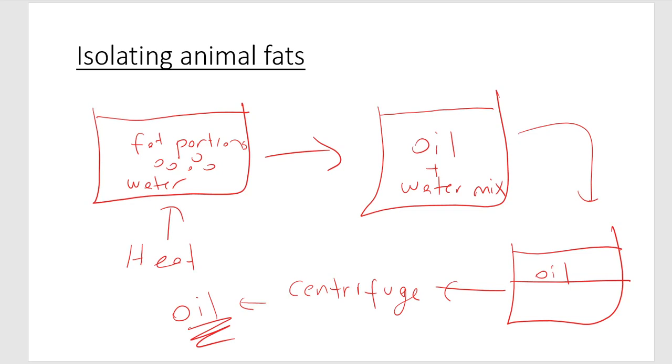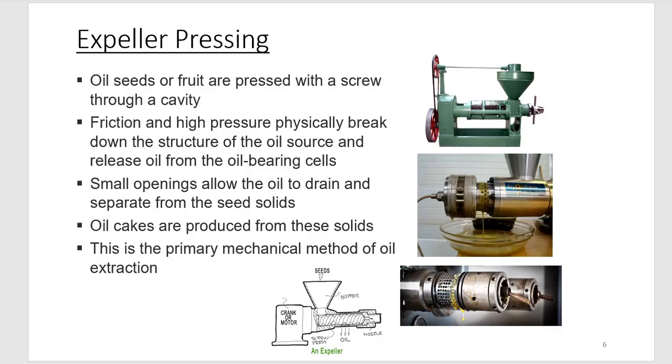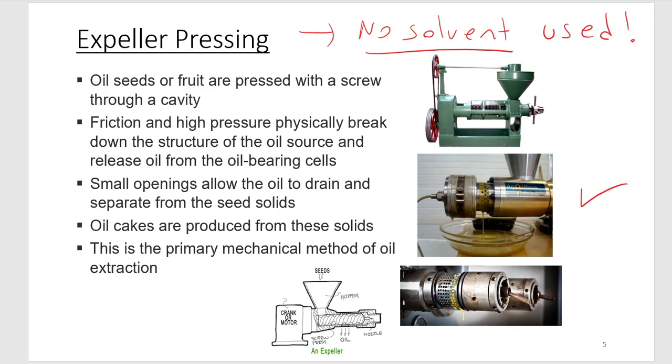So let's see plant oil extraction methods. Expeller pressing. Expeller pressing is the most basic extraction process because no solvent is needed. Simply, oil is squeezed out of the oil seeds using an expeller like that.